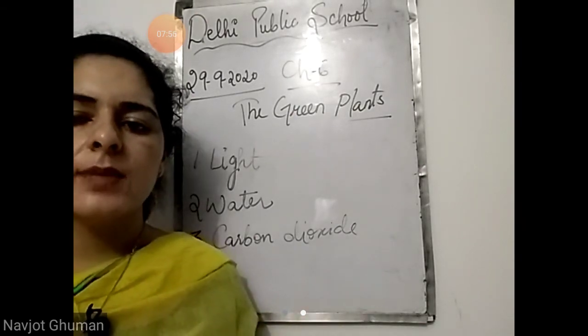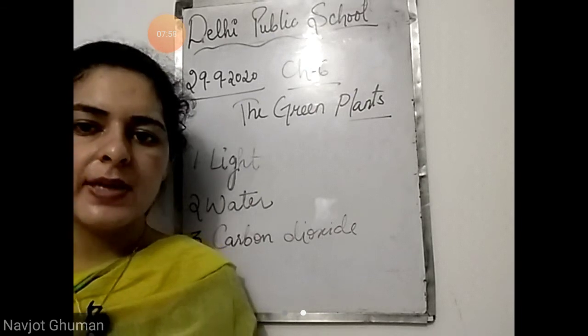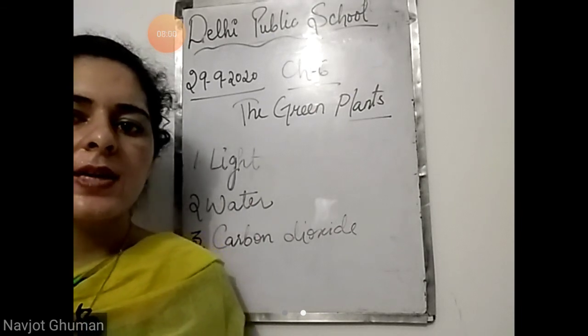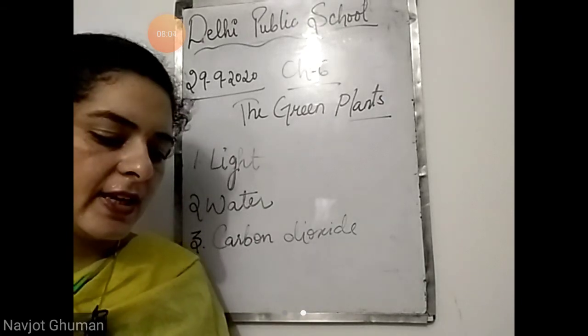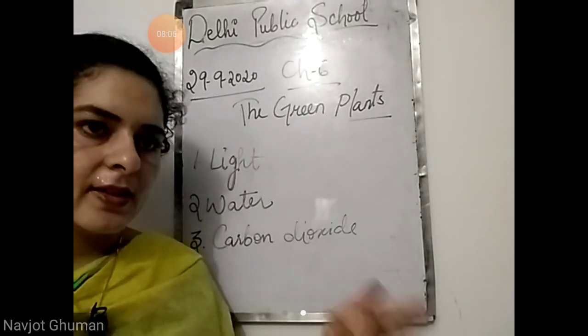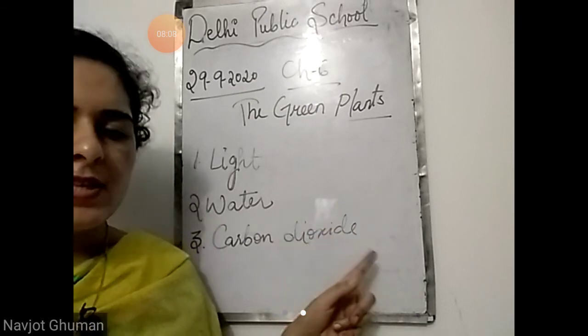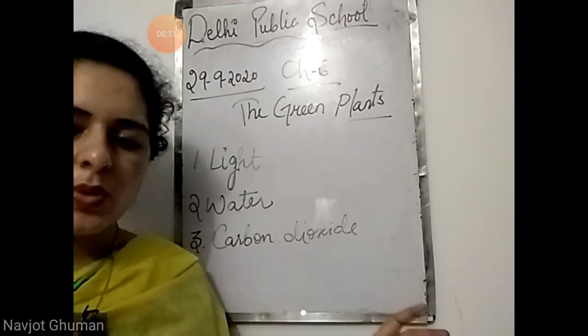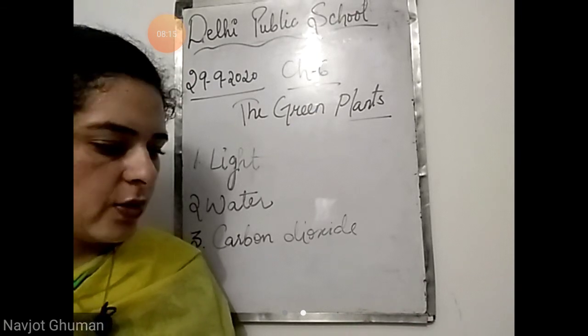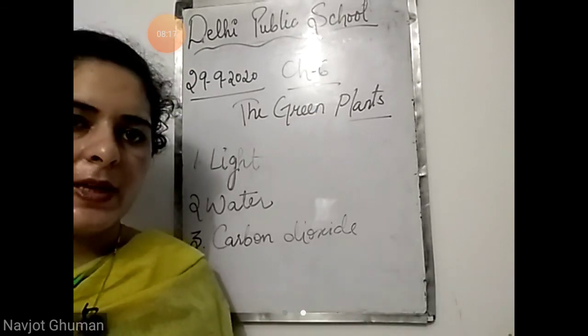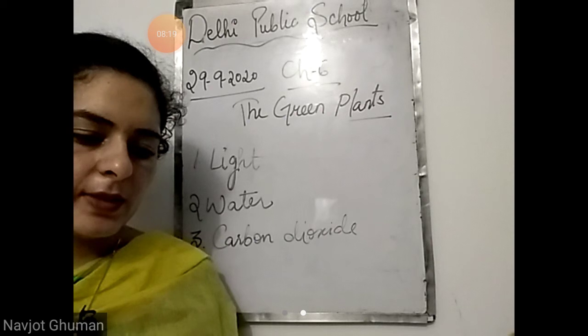Carbon dioxide will come from the environment. As we animals take oxygen from the plants and release carbon dioxide, that carbon dioxide will be taken by the plants. हम ऑक्सीजन ले रहे हैं and carbon dioxide रिलीज करते हैं. So वो कैसे जाएगी प्लांट्स में? Through the stomata. वो स्टोमेटा के थ्रू वो अंदर चली जाएगी. Now when food is prepared, जब फूड प्रिपेयर हो जाता है तब क्या होता है?